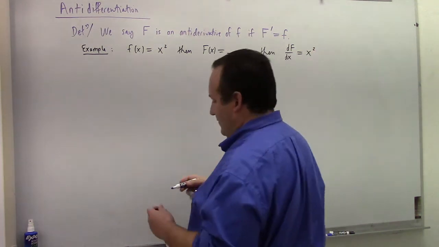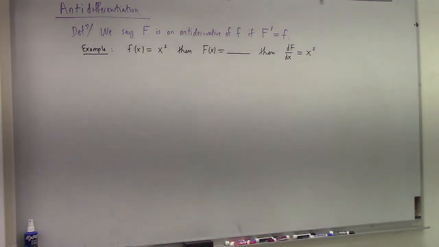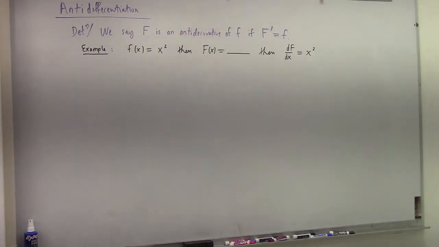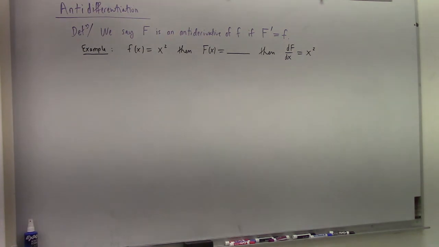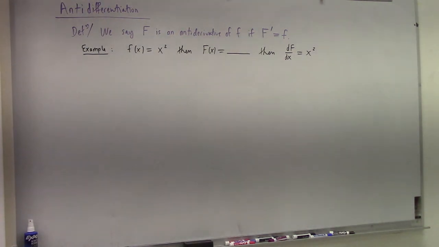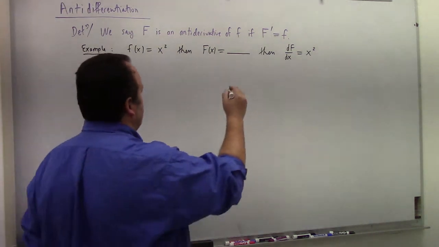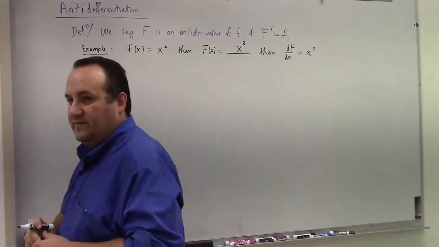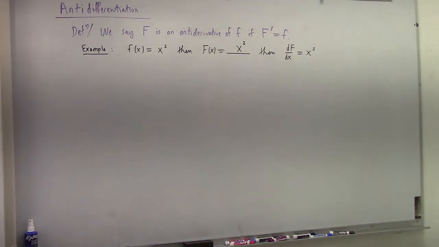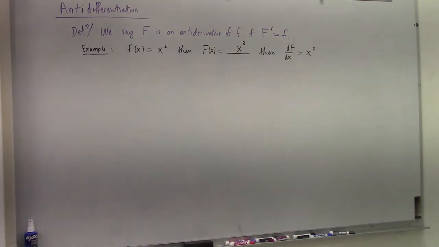What function, when you differentiate it, gives you back x squared? Remember, differentiation lowers the power by 1, so it's got to be a cube. We could try x cubed. Would that work? Not quite, because if you differentiate x cubed, you get 3x squared. So how do we fix that?